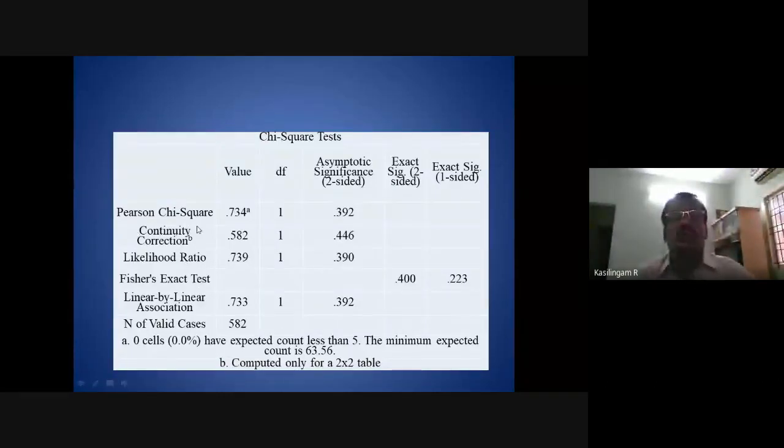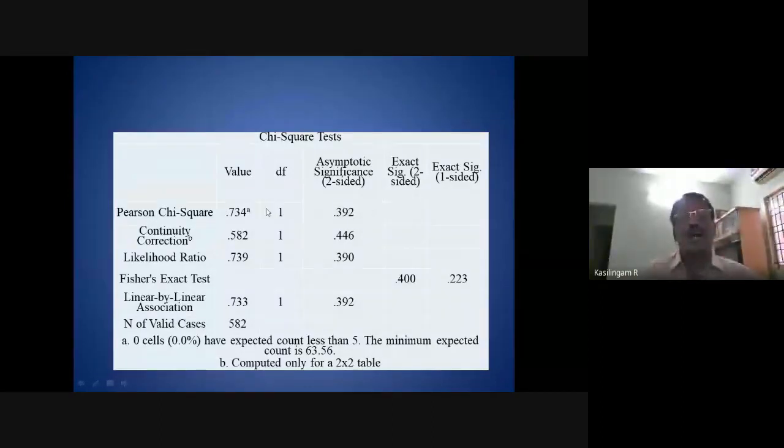Whenever you use a 2 by 2 matrix, you will get this value. Now see here, b: computed only for a 2 by 2 table. Whenever you use chi-square for 2 by 2, you should not use this Pearson chi-square value.